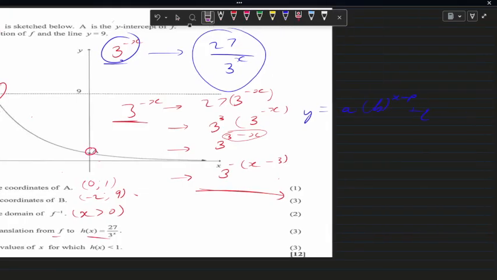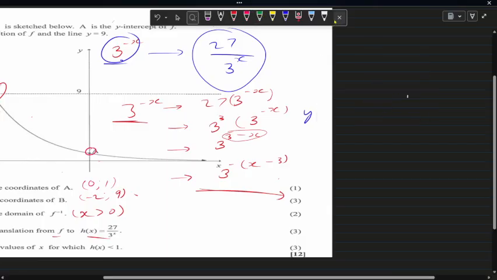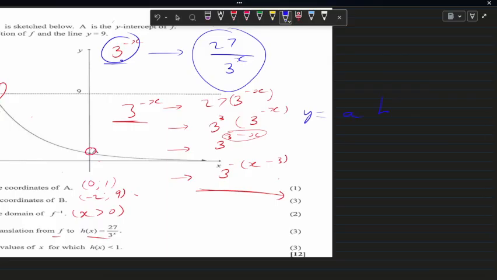So y is equal to a b to the power of x minus p plus q.